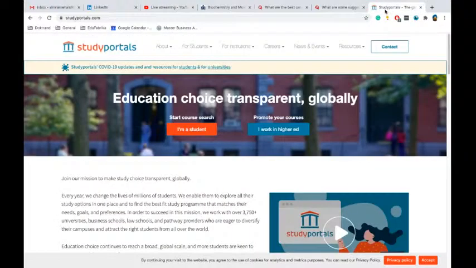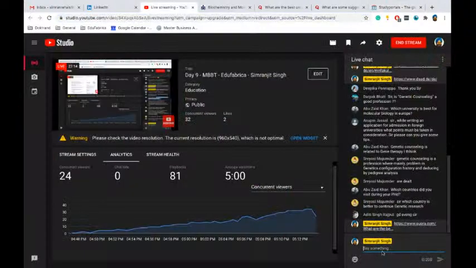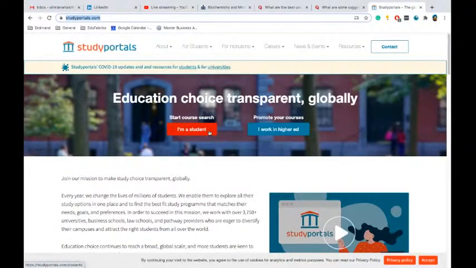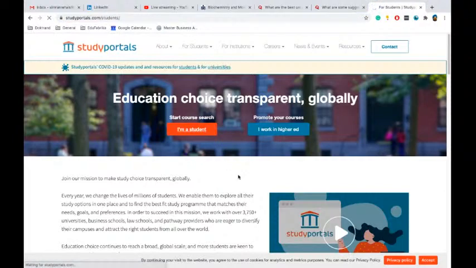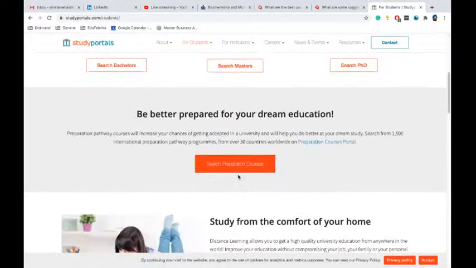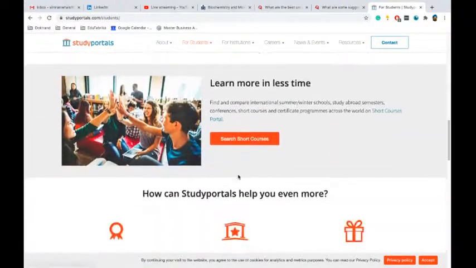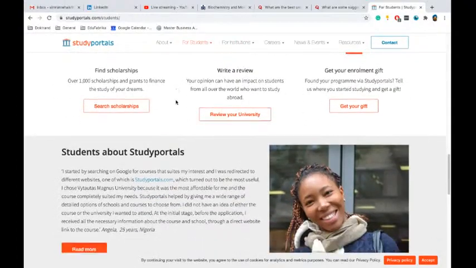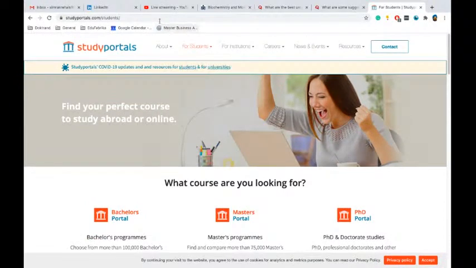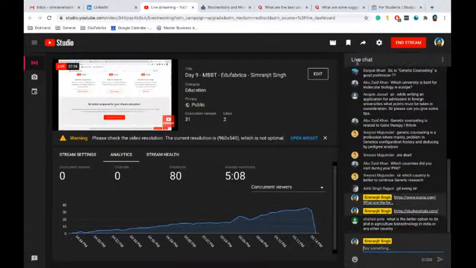Quora, study portal, to look for the best universities. So here you can study about which university will be best for you.